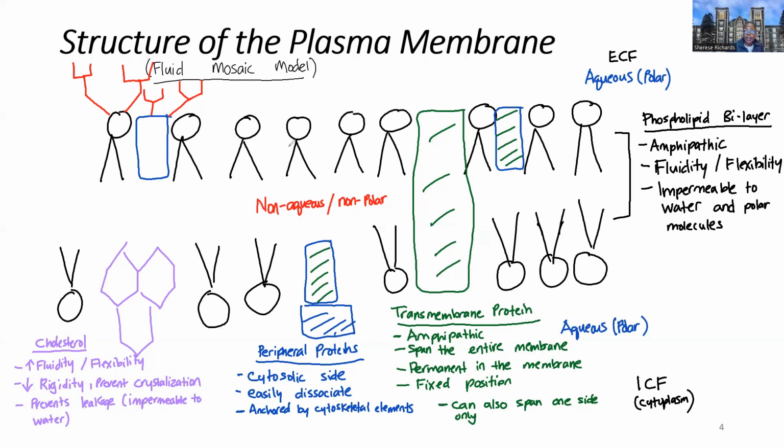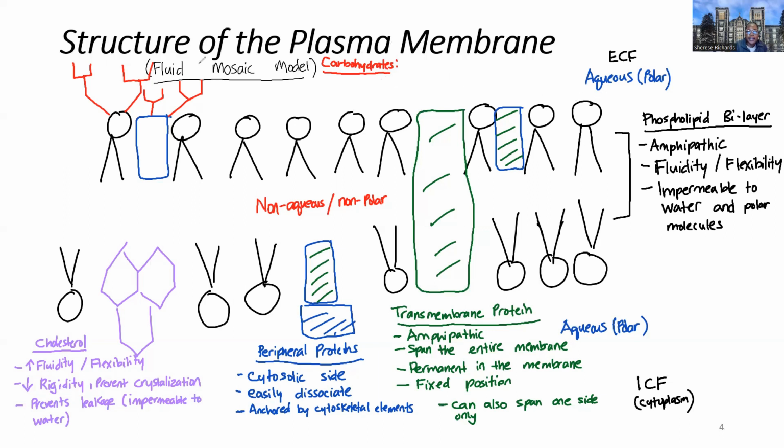Another structure we want to think about in the membrane are the carbohydrates. And I've put the carbohydrates up here in red, but let's describe their functional properties in the membrane. So carbohydrates. And carbohydrates are important for a couple things.